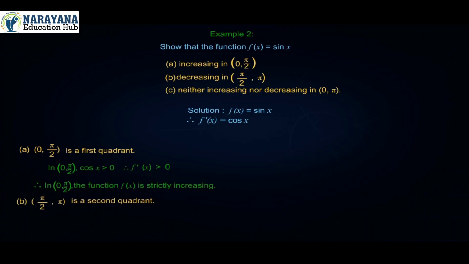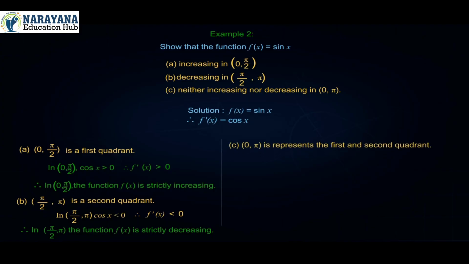B. Open interval pi by 2 to pi is the second quadrant. In open interval pi by 2 to pi, cos x is less than 0. Therefore, f dash of x is less than 0. Therefore, in open interval pi by 2 to pi, the function f of x is strictly decreasing.